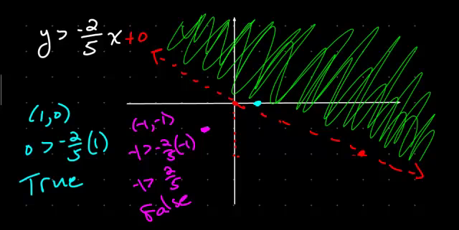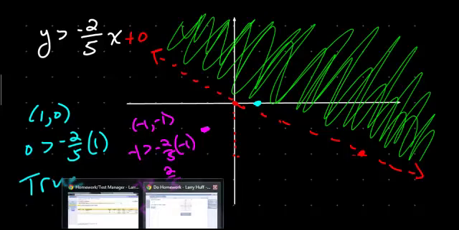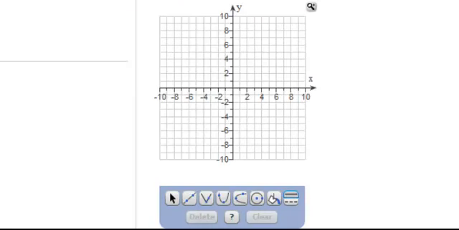Now we have to be able to put this in MyMathLab. So let's do that. Alright, so we know we got that point (0, 0), then we went down 2 and over 5, 1, 2, 3, 4, 5. Right?